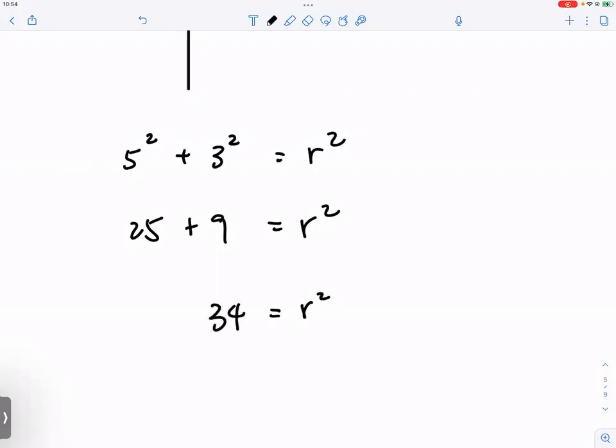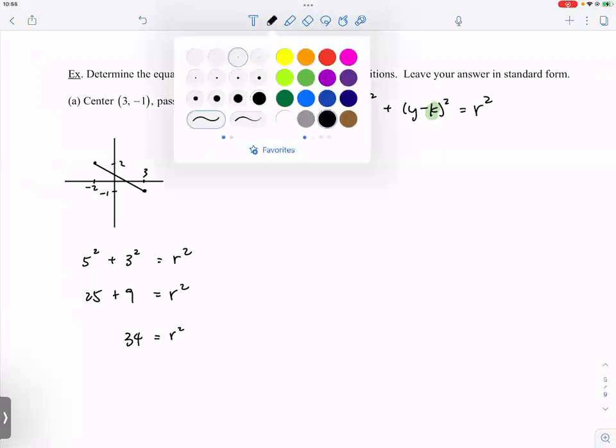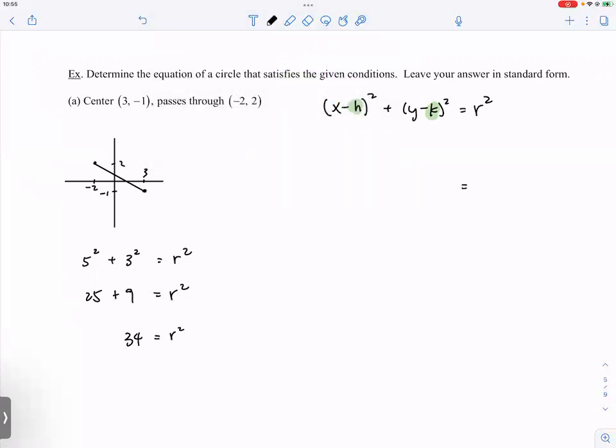Now here comes a very important question. Should we or should we not square root both sides? We shouldn't. Why not? Yeah, the equation asks for r squared. So if you get the r, you end up squaring that again.